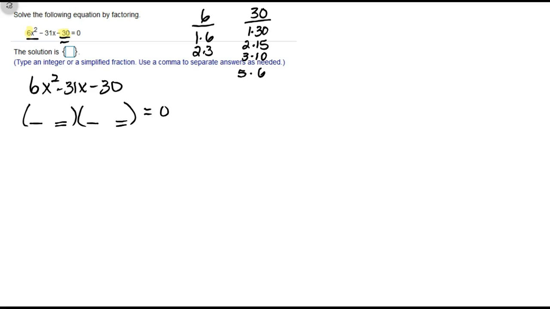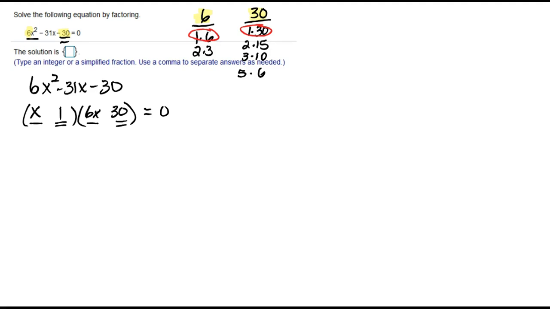And we're going to take combinations of the first factors and the second factors and put them together until we get the right one. Trial and error, guess and check. So I'm going to start with my first pair. So that's x and 6x, 1 and 30.